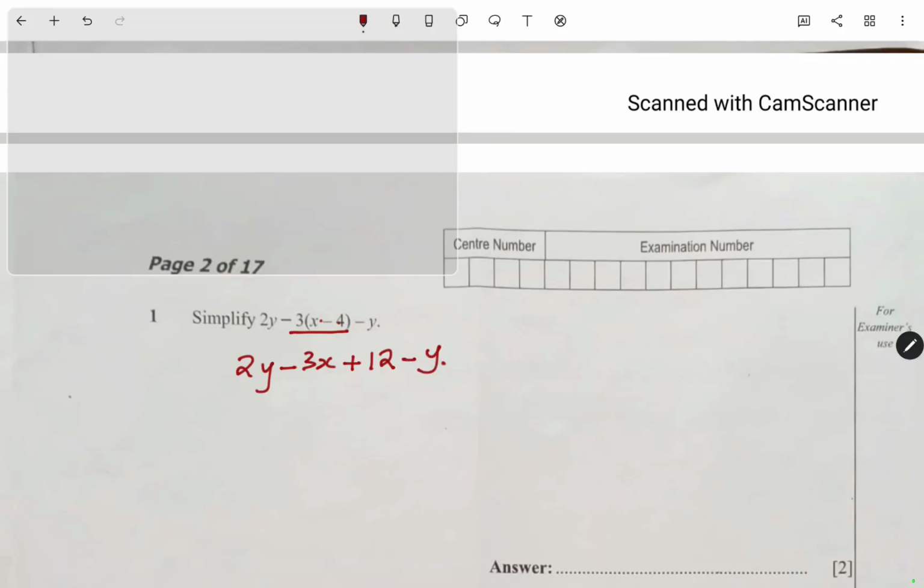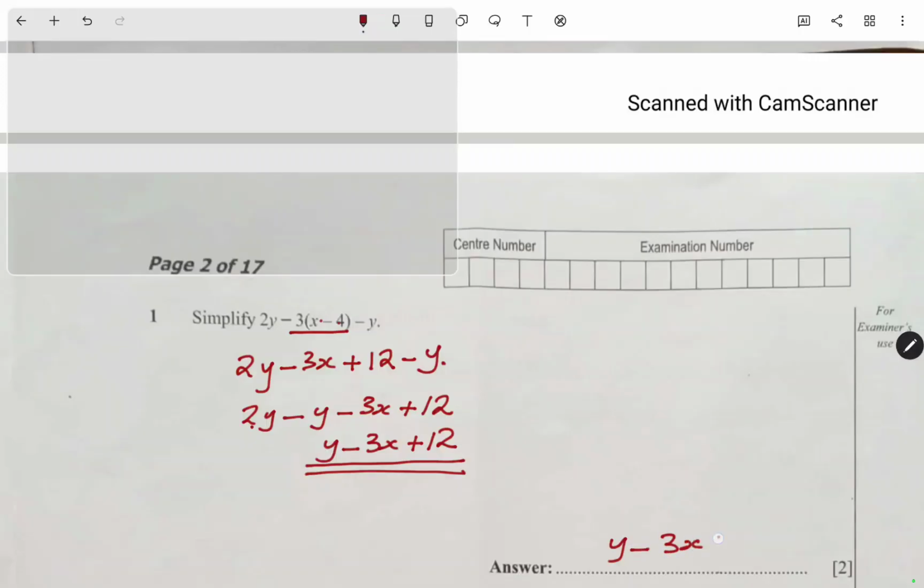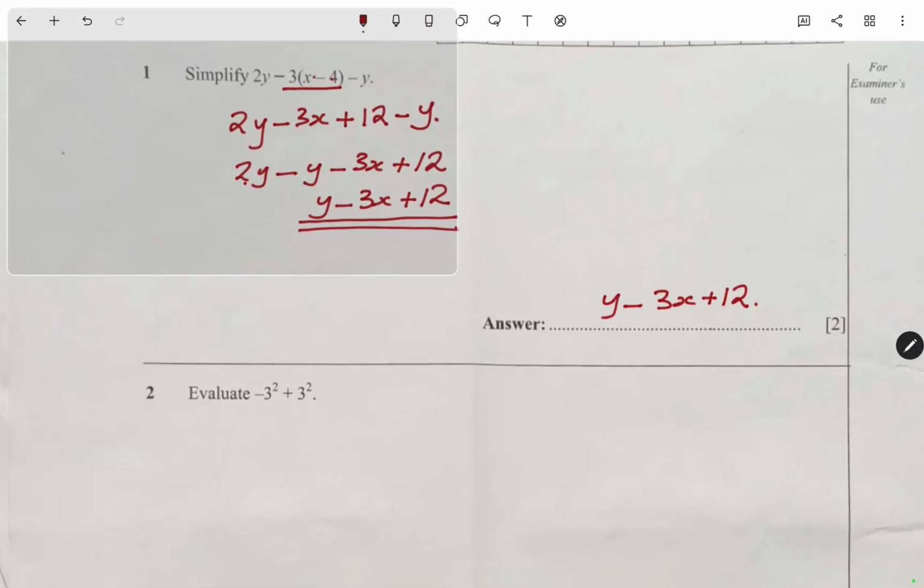When you do that, collect like terms together: 2y minus y minus 3x plus 12. 2y minus y gives us y minus 3x plus 12. So we're done. That is how you simplify. You write your simplification here: y minus 3x plus 12.